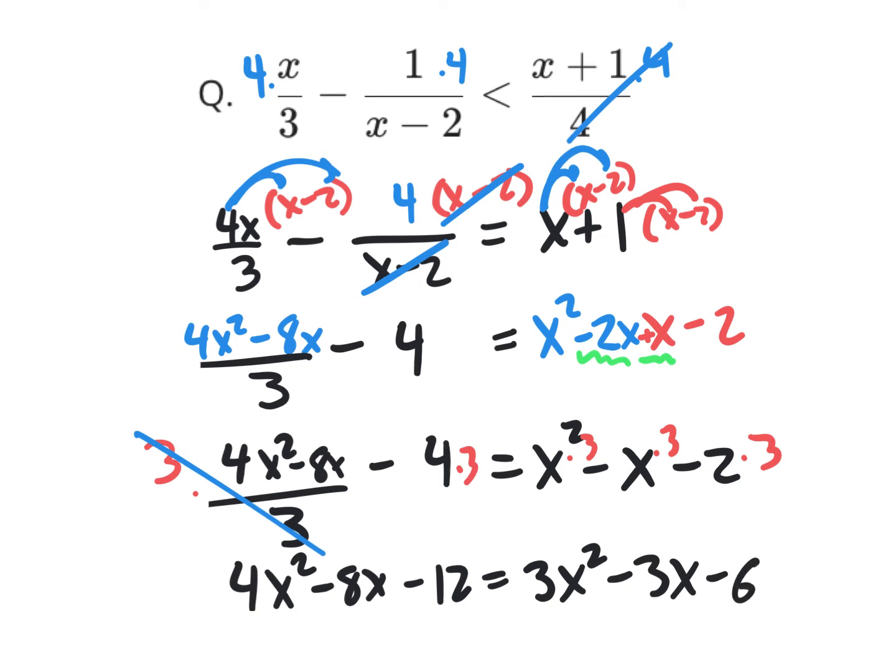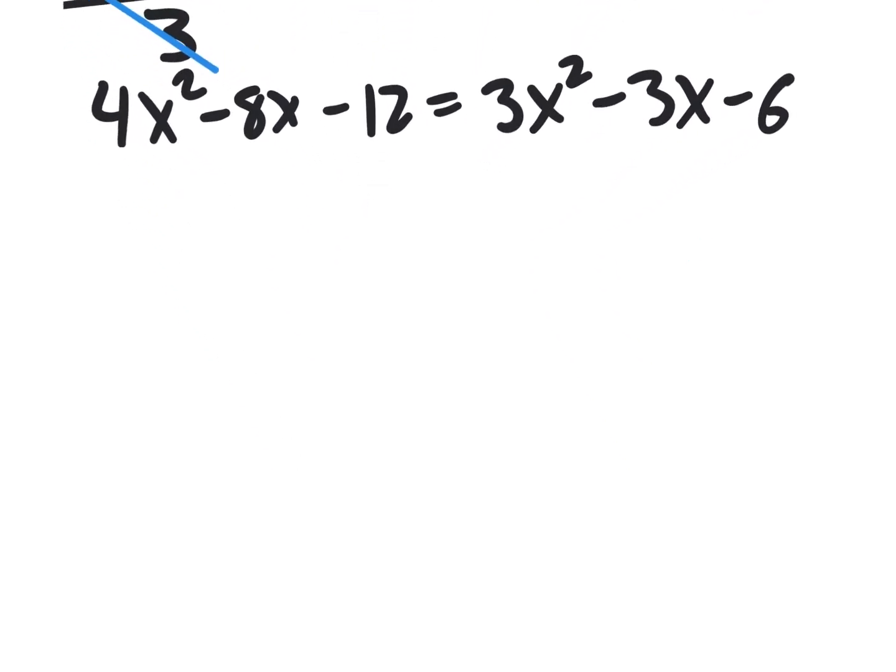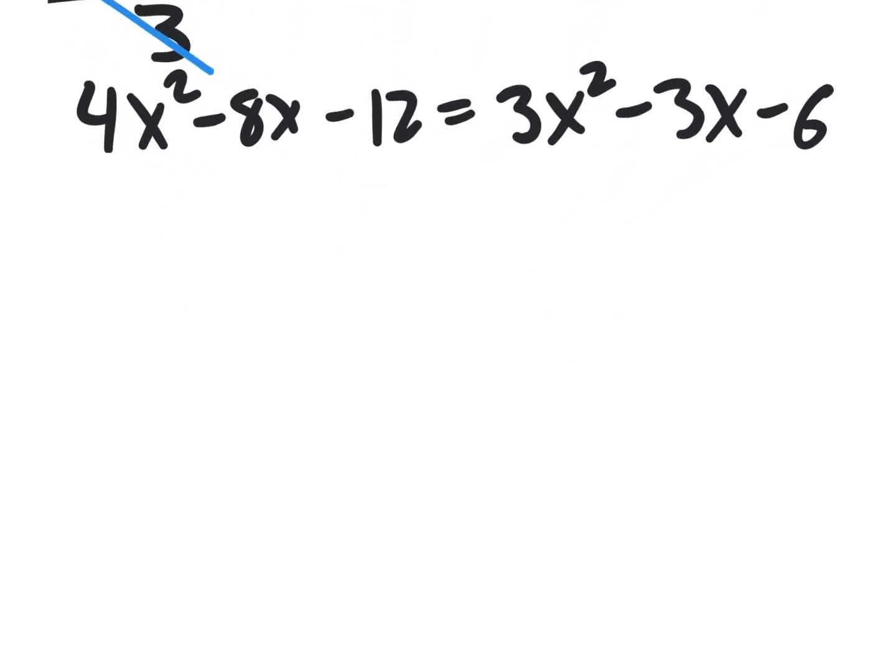I know. Fun. Okay, so what we need to do now is recognize that it's a quadratic. Let's set it equal to 0. Let's move everything to one side. Now, I'm going to do 3 steps in one. I'm going to subtract the 3x squared. It's going to cancel. What I do to one side, I do to the other. That'll leave me with a single x squared.